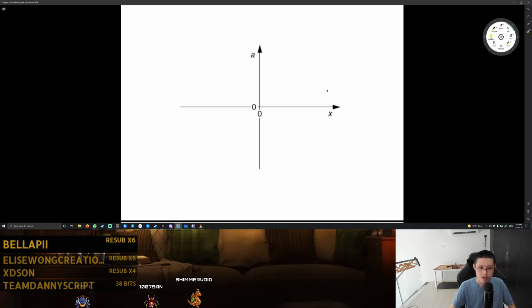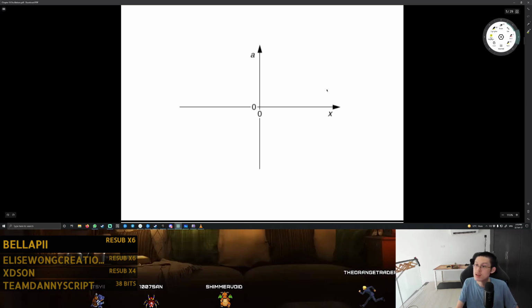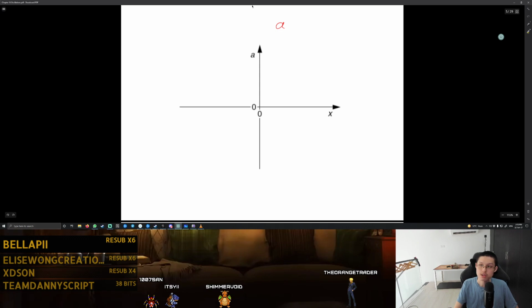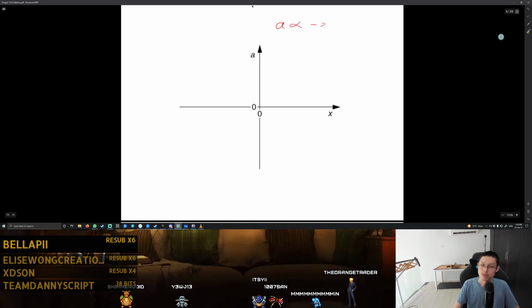So if you have a free oscillation, the acceleration is going to be proportional to the displacement from the equilibrium.